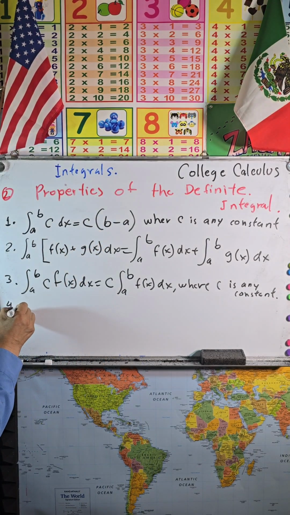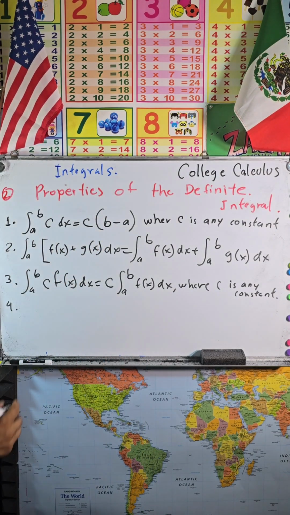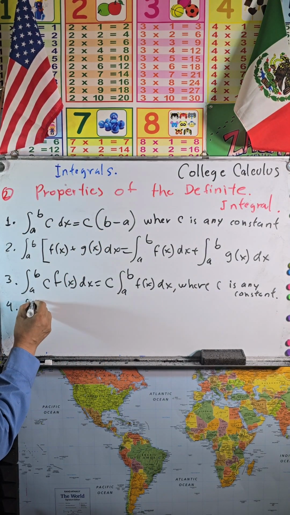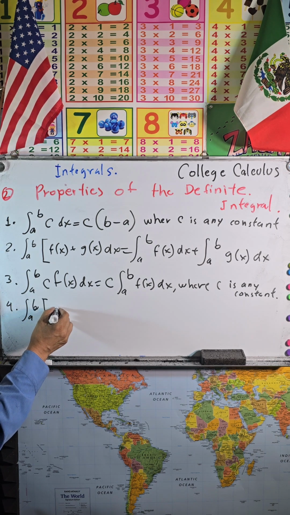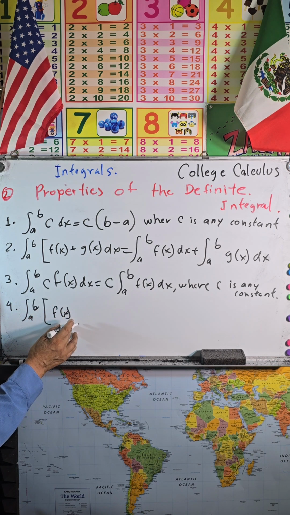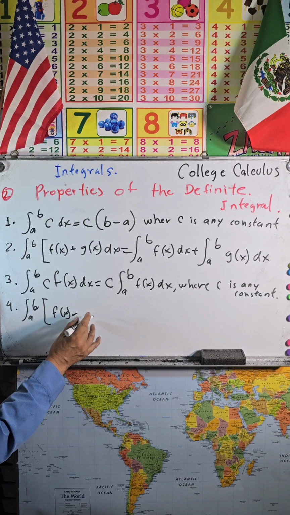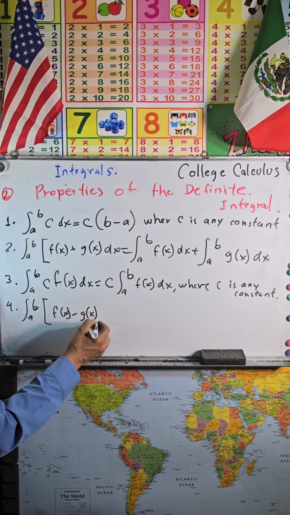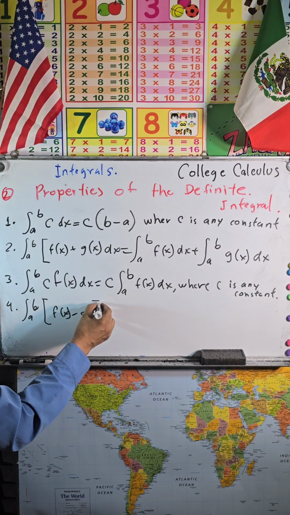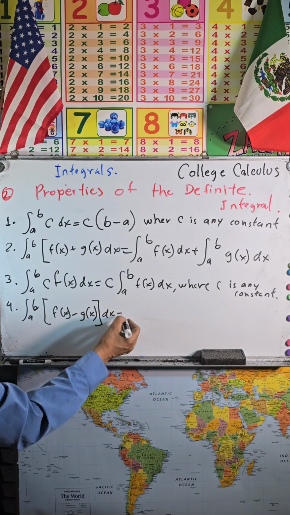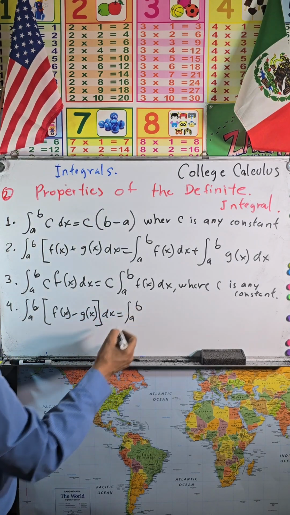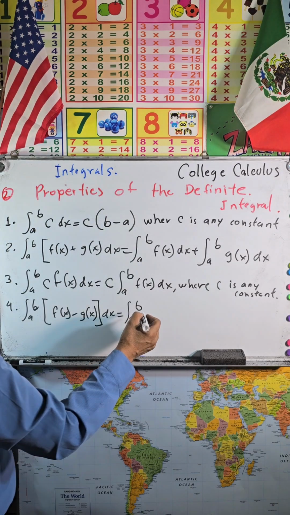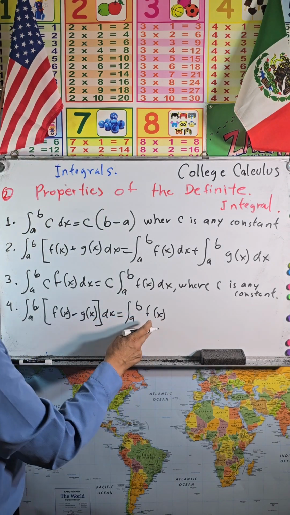So number 4, we will have the integral from a to b of open bracket f of x minus g of x, close here, differential of x, will be equal to the integral from a to b of f of x differential of x minus the integral from a to b of g of x differential of x. Okay, this is formula number 4. Just write these formulas.